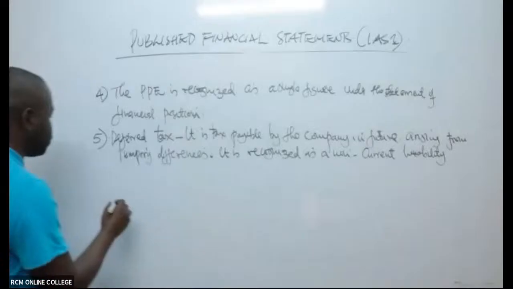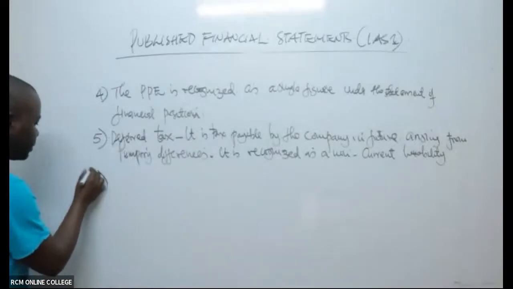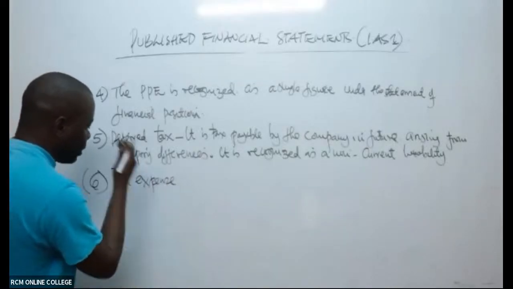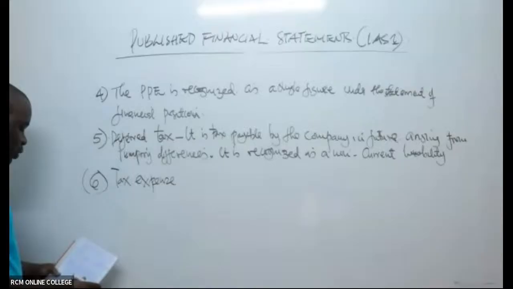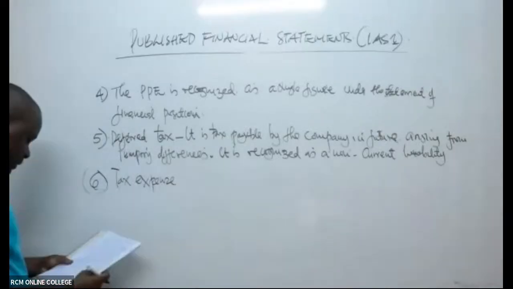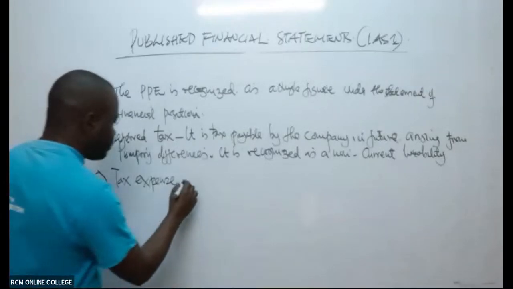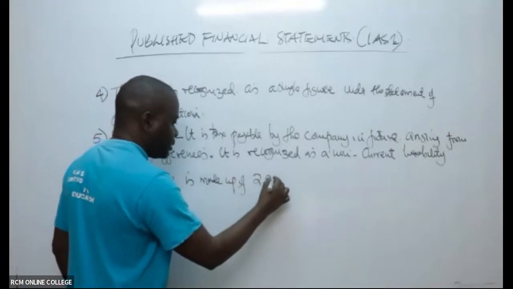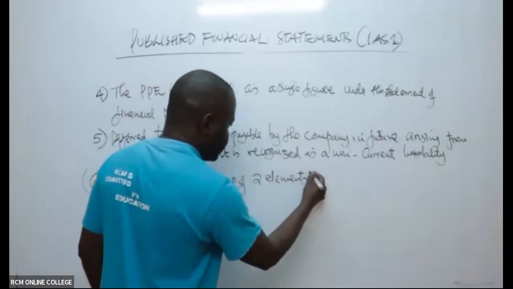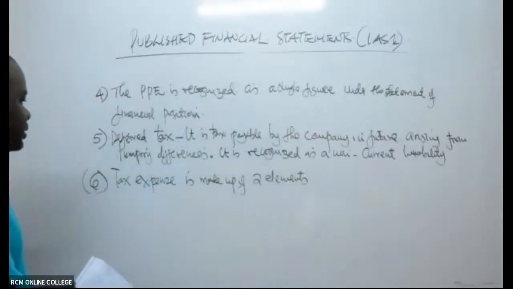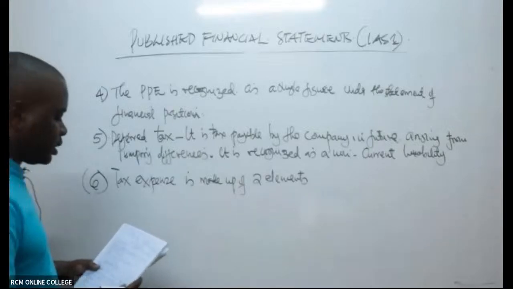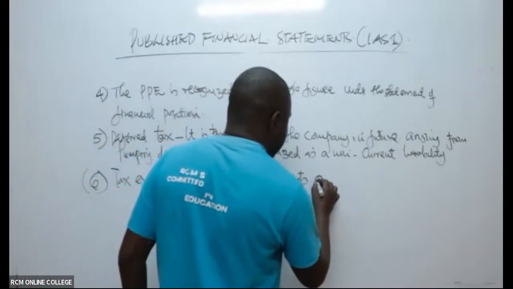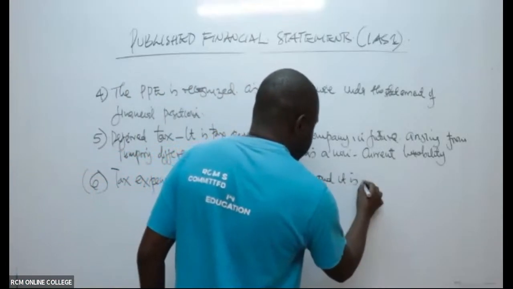So if you want to get the tax expense to recognize in published financial statements, the tax expense is made up of two elements, and it is determined as follows.